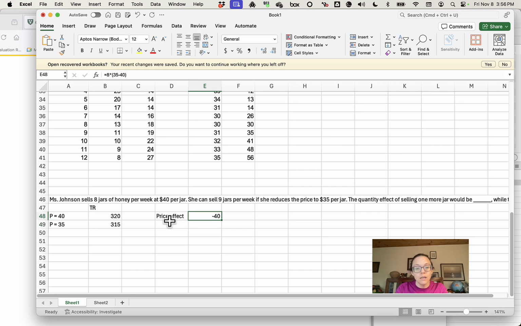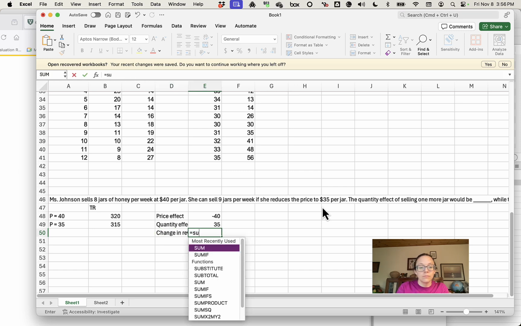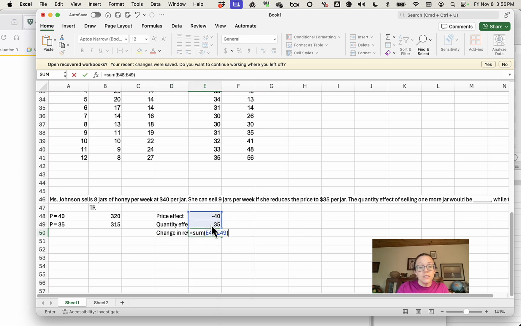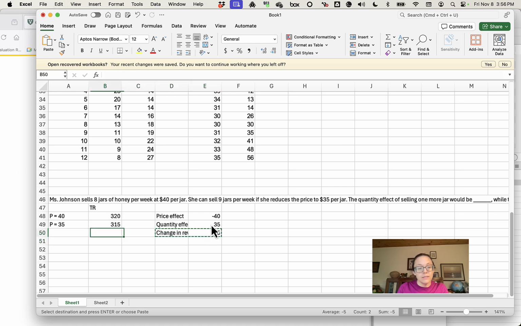That's what she loses. And then the quantity effect is the fact that she brings in a new customer. She goes from 8 jars to 9 jars, and she now sells that for $35. So she sells one more person $35. And so the change in total revenue is going to be the sum. Right? So we can see revenue drops by 5, and we can see over here that revenue drops by 5.